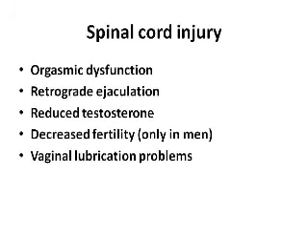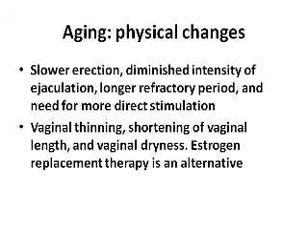Now, you may remember that when we talked about developmental psychology, we covered some of the changes that people go through as they age. Aging also has some influence on sexual function. Some of the physical changes as a result of aging, in the case of men, are slower erections, a diminished intensity of ejaculation, so the sperm count may decrease a little bit, a longer refractory period, so between orgasm and orgasm it may take longer, and a need for more direct stimulation.